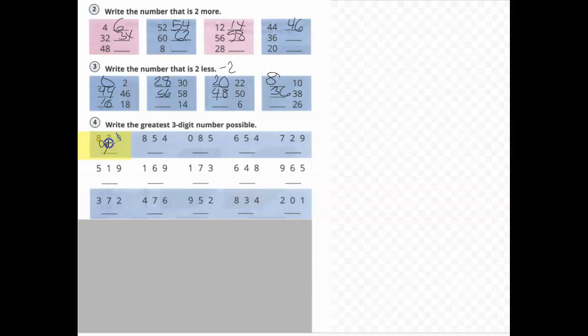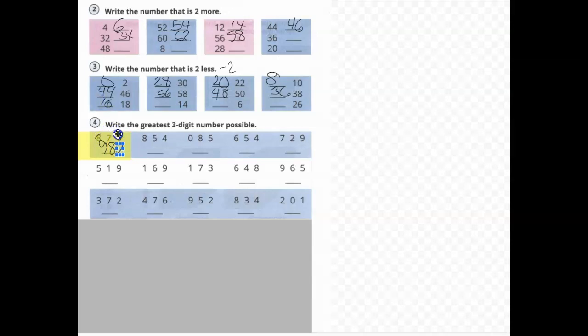So we're going to write our 8. And then we're going to write our last digit, which is 7. So now we have 987. That's the biggest possible number I could write, because it starts with the biggest digit that I had to write with.